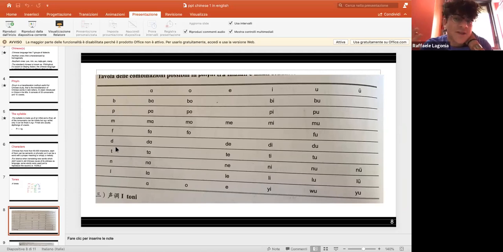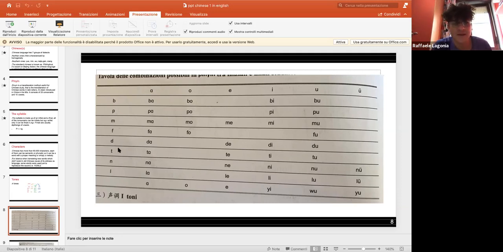The magic trick to understand if you're pronouncing it well is to put a sheet of paper in front of your mouth. When you're pronouncing B and D, the sheet of paper doesn't have to move. While pronouncing P and T, the sheet of paper needs to move. So it is a soft sound, an aspirated sound.